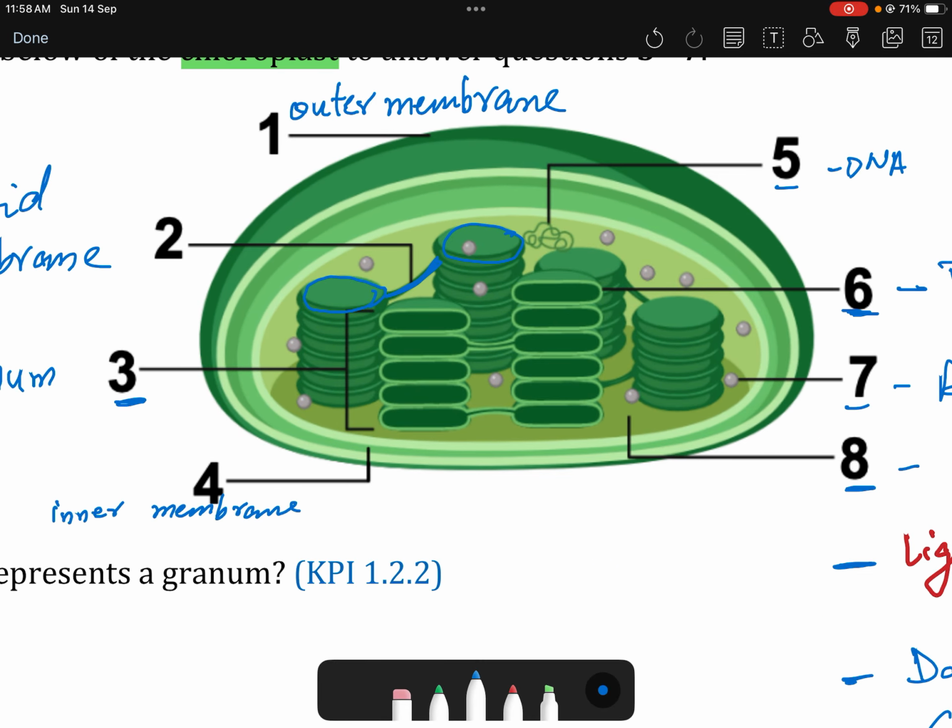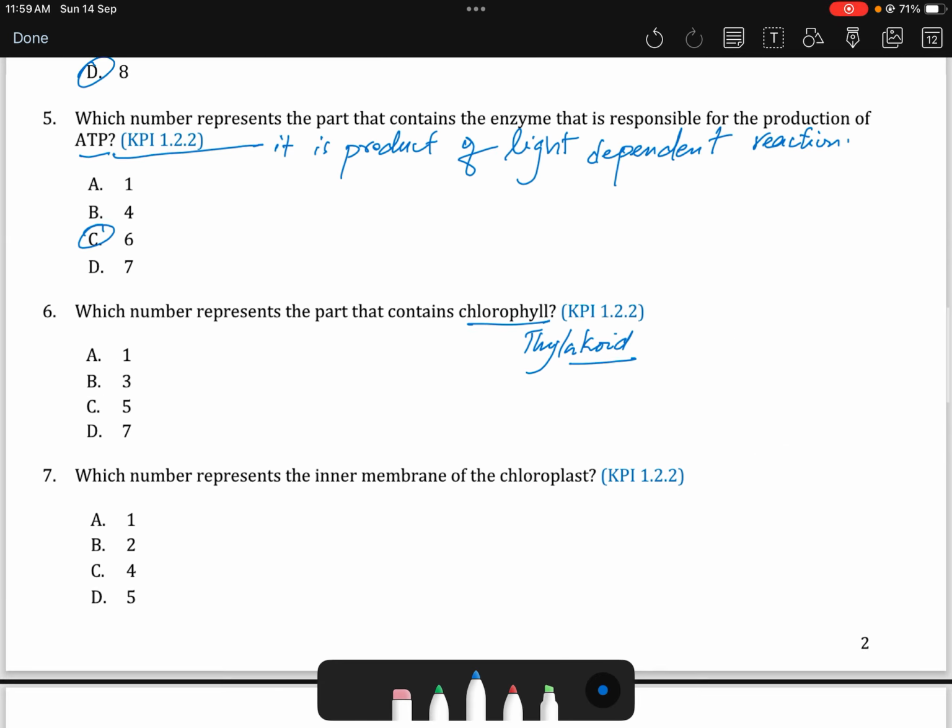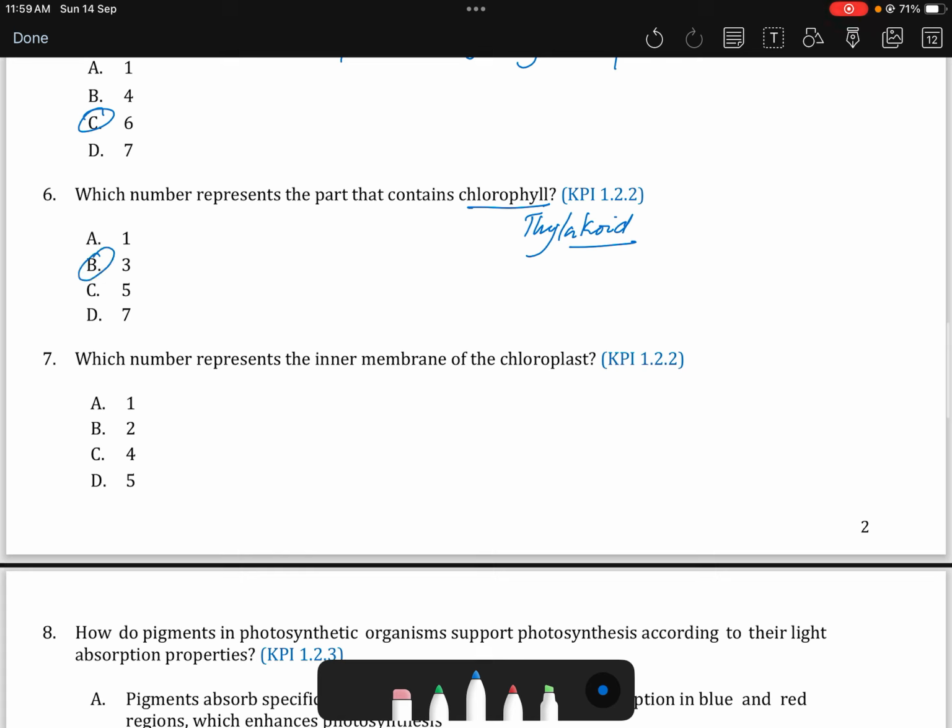What other thing is made up of thylakoids? Number 3 is also made up of many thylakoids, so we can go with the granum. So it is thylakoid or granum, because the granum is made up of many thylakoids together.